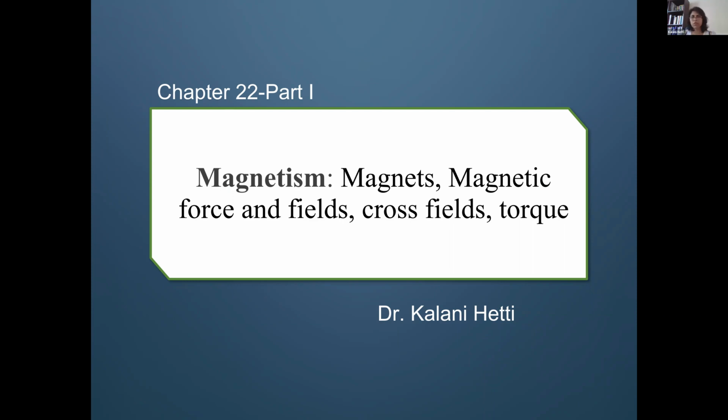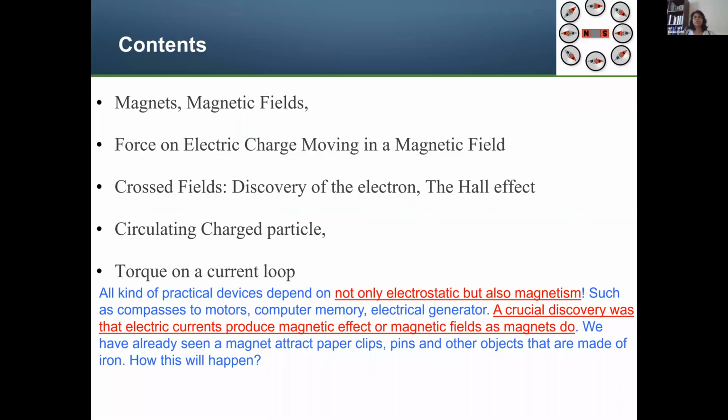We call it a cross field. And when you have a current carrying coil, why does that coil rotate? We call it the torque. Those will be the parts that we're going to discuss. Okay. So now let's start with the history first.